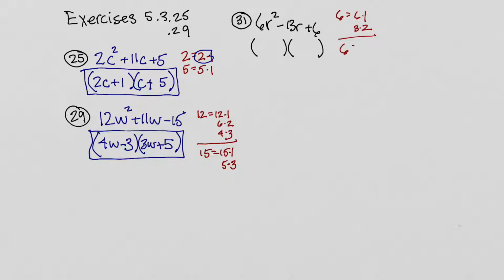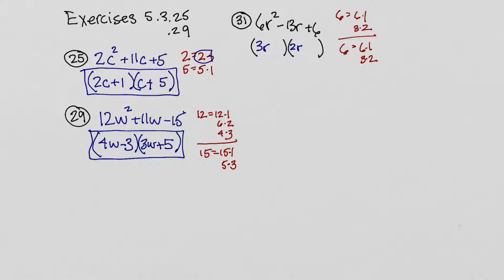That 6 I can get with a 6 and a 1, also a 3 and a 2. Now, what am I going to do here? Am I going to go with the 6 and 1s or the 3s and 2s? Now, I would try the 3 and the 2 first of all because they're closest together. So here's what I'm going to try first. I'm going to try the 3R and the 2R.